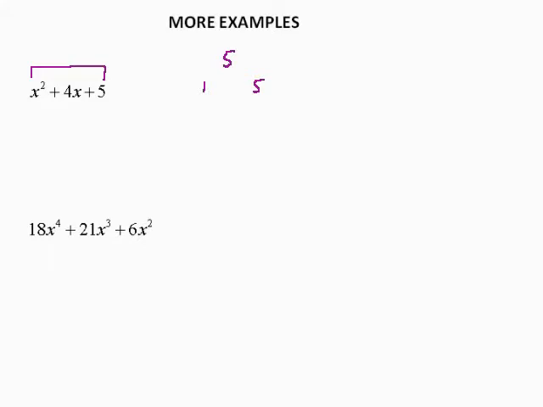Now, can I get 4 out of this? Yeah, I could put a what here? A minus 1 and a plus 5 here. But wait a minute, this minus 1 and plus 5, I don't see any negative signs in here at all. So I could keep trying to factor this, but ladies and gentlemen, this trinomial will not factor.